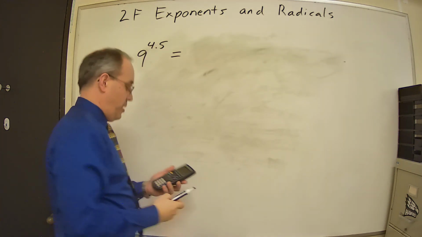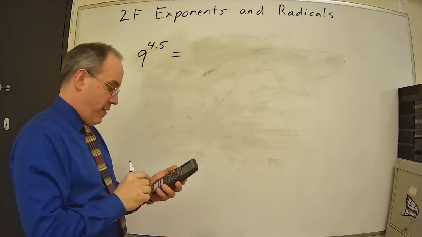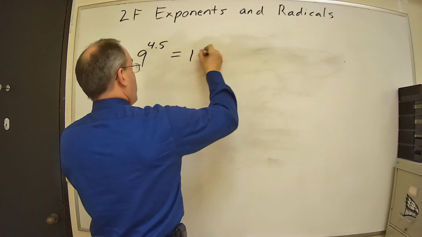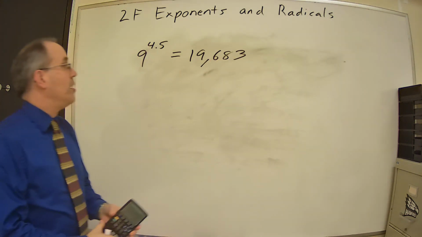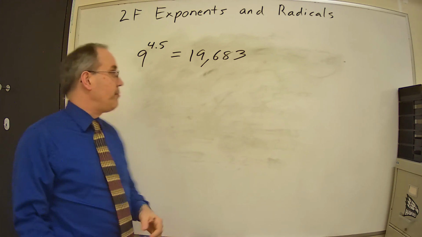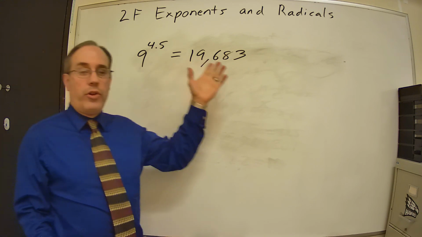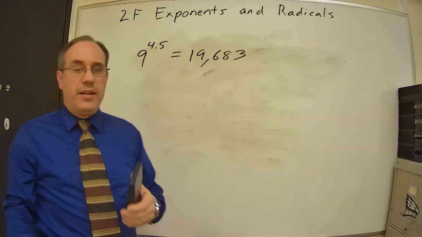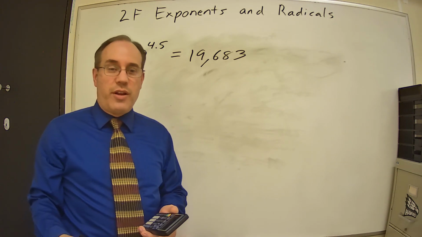So we plug it into the calculator, and you get 9 to the 4.5 actually turns out to be a whole number, mainly because that's the way I set it up to be. We come out to 19,683. But if we have a whole number raised to a decimal power, it's not always going to turn out to be a whole number.